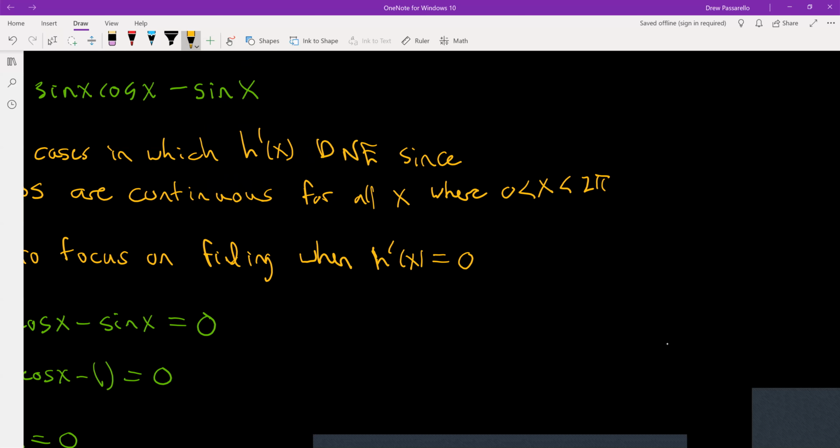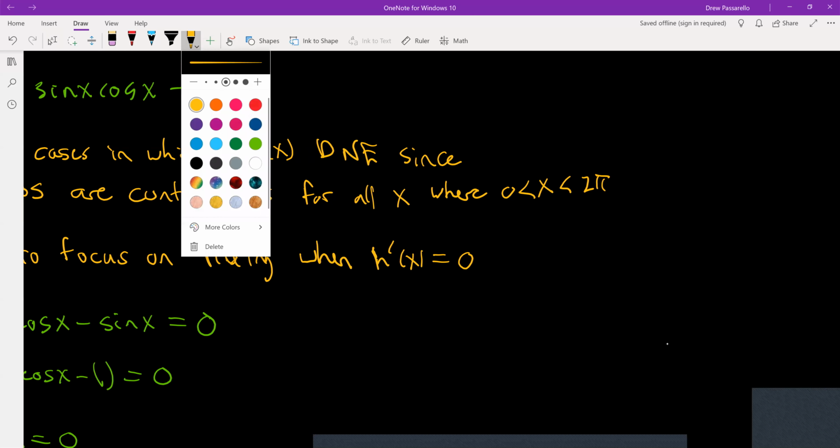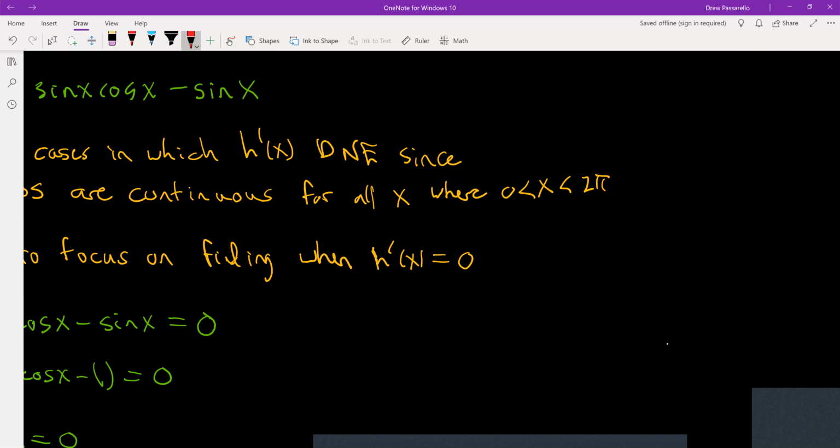just because we can't use endpoints for critical numbers. So that's another comment. Even if it was less than or equal to, we still wouldn't include it because we don't use the endpoints of an interval for critical numbers.